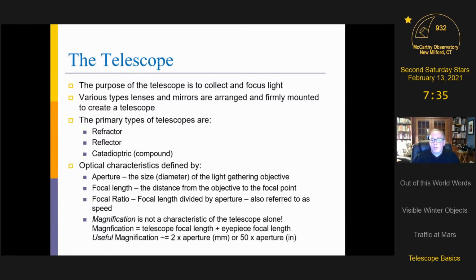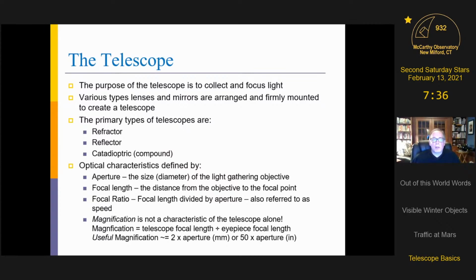Now, all telescopes, no matter what kind, have some common characteristics. First, aperture, most important, the size of the objective. That defines how much light it can collect. Second item is the focal length. That's the distance from the light gathering device to where the focal point is.